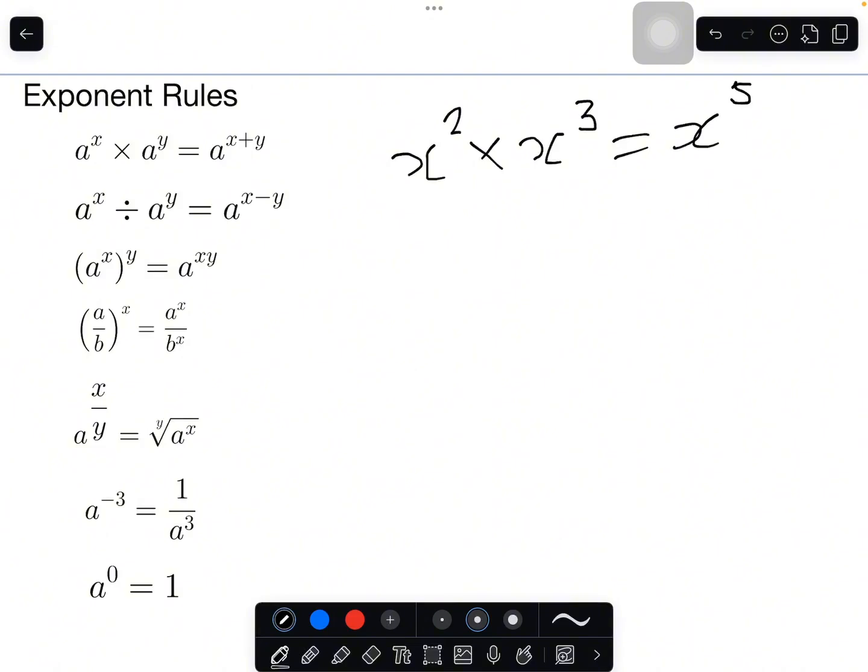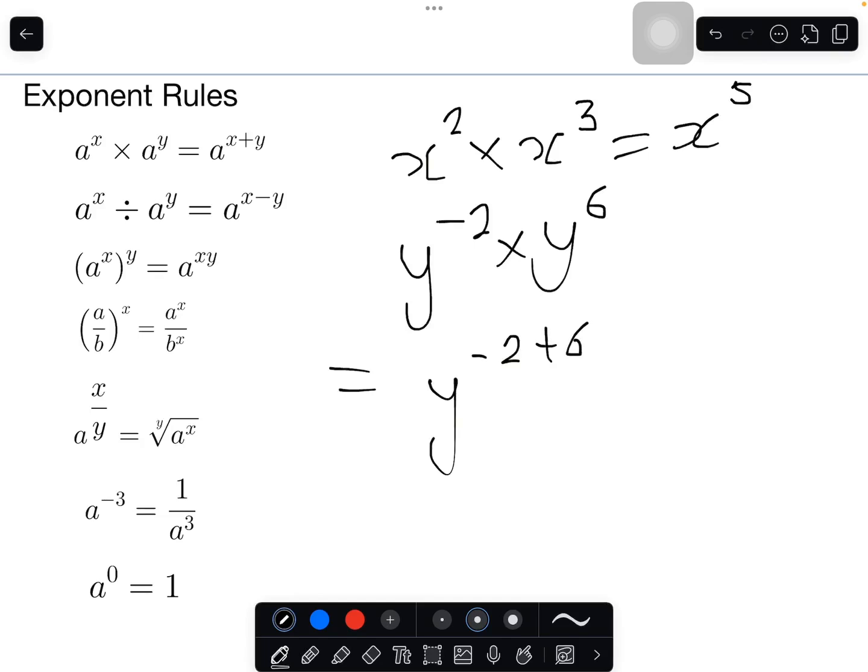Or if I had y to the power, let's say, negative 2 times y to the 6, that will then equal y to the negative 2 plus 6, which then just gives me y to the 4.